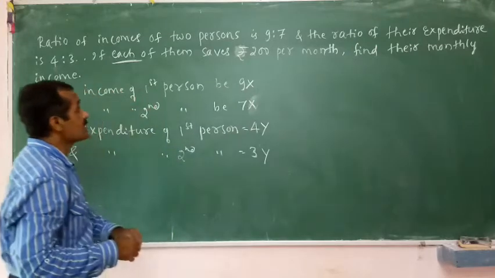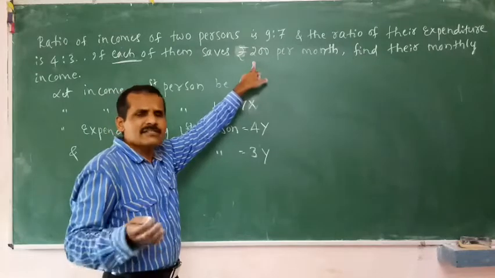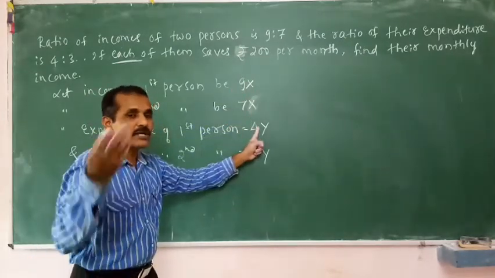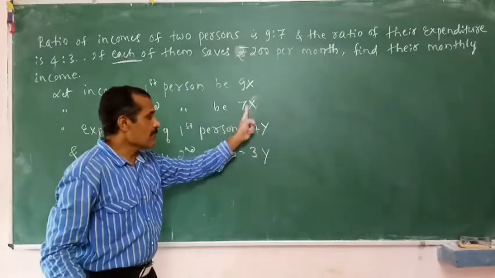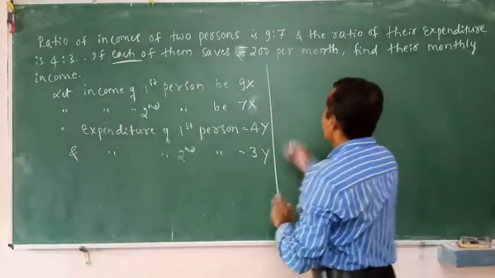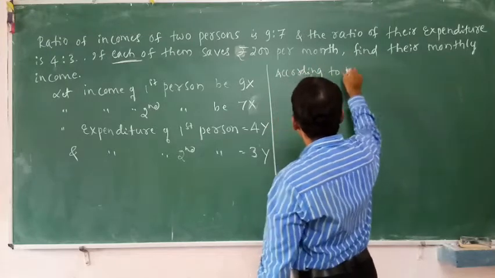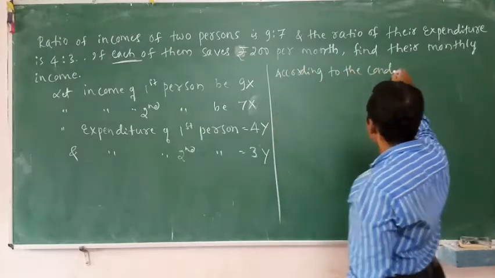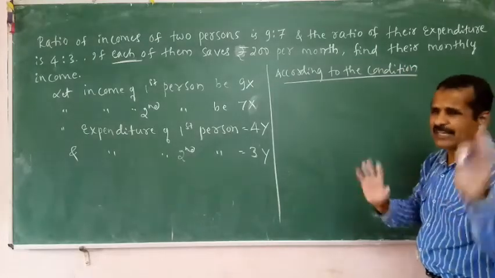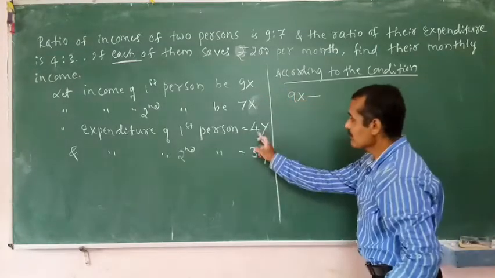Okay. Now they say they save rupees 200 per month. Their savings is 200. That means income minus expenditure is equal to savings for the first person, and income minus expenditure is equal to savings for the second person. According to the problem, according to the condition, I will write 9x minus 4y.